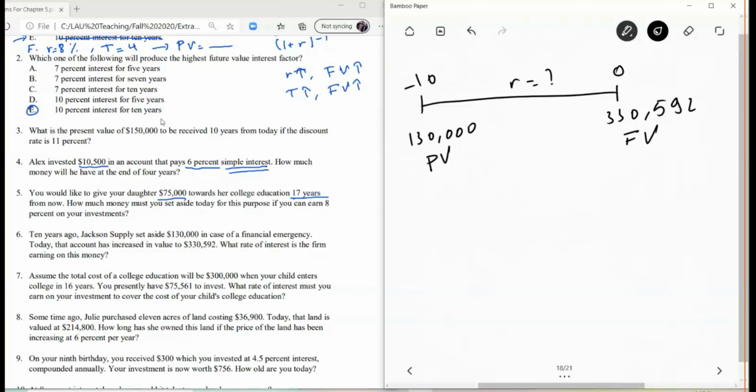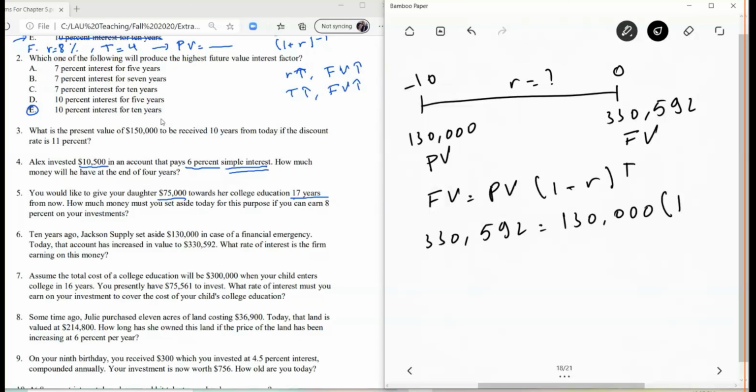Now, to find R using the formula, it's going to be much more complicated. So just to show you quickly, if you are following the formula, you have FV equals PV times 1 plus R to the power T. So you will have 330,592 equals 130,000 times 1 plus R to the power 10, because here N is equal to 10 years, from year minus 10 till year 0.